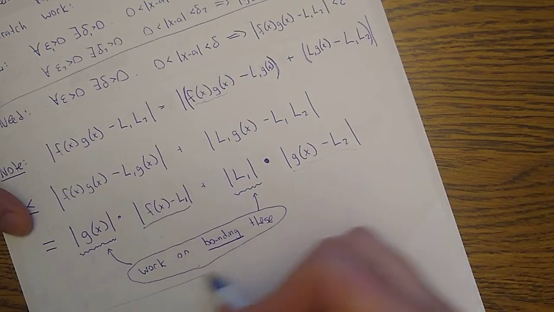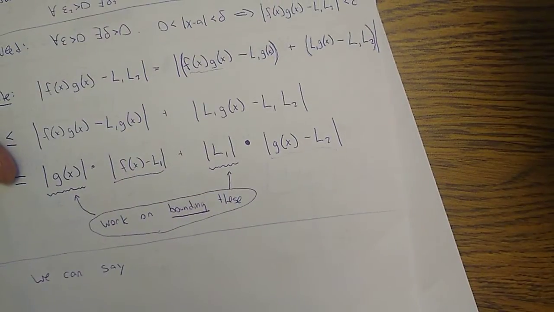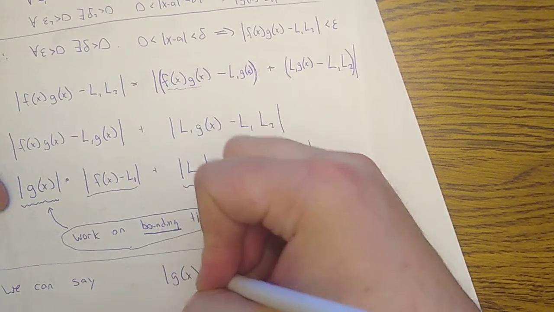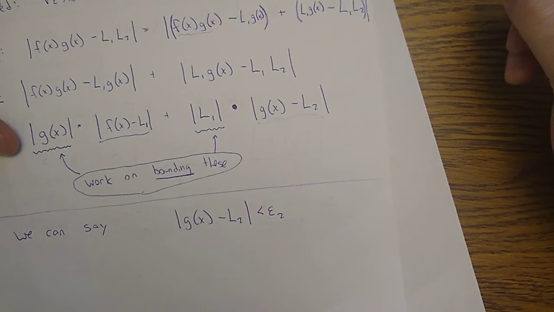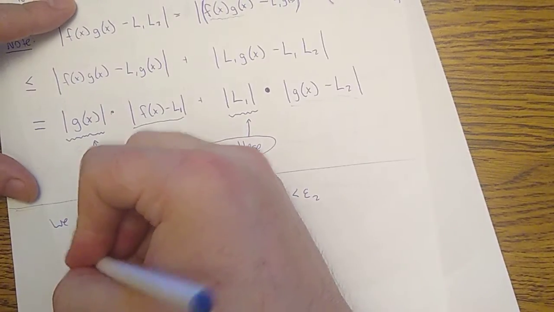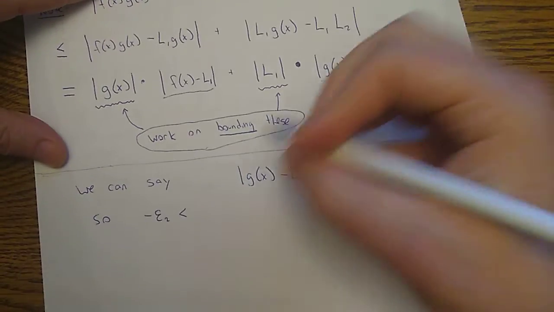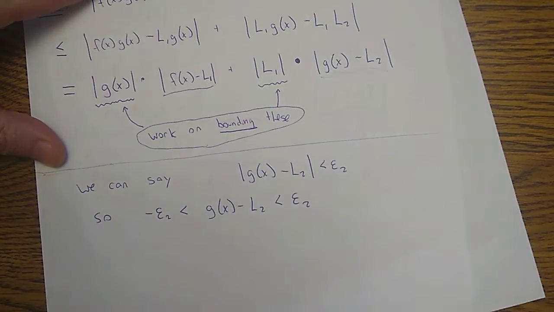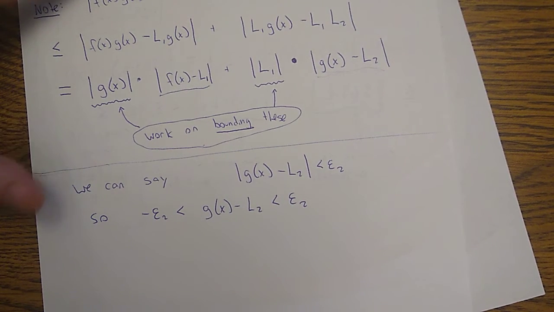So we can say that g of x minus L2 is less than epsilon 2. That would mean I can take the absolute values off and put this between negative epsilon 2 and epsilon 2.